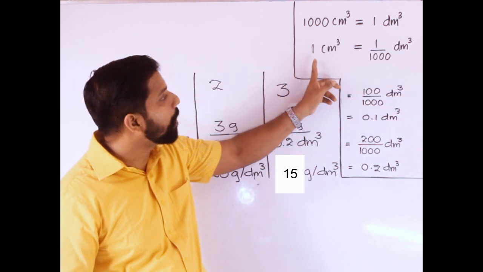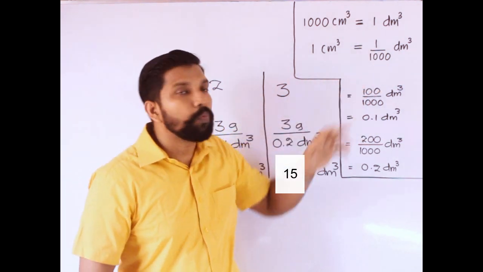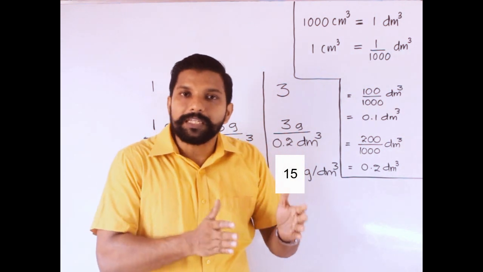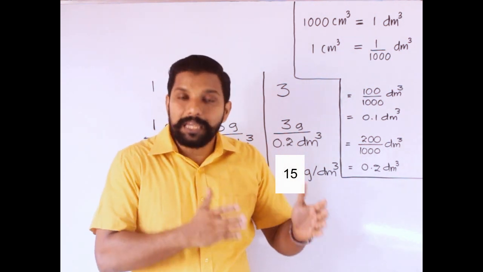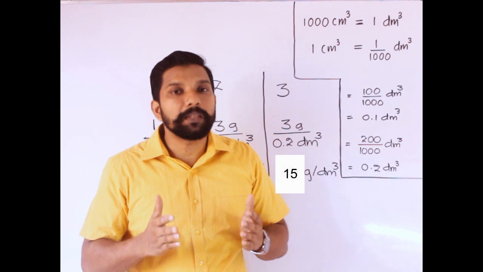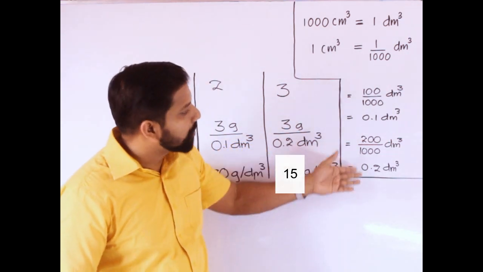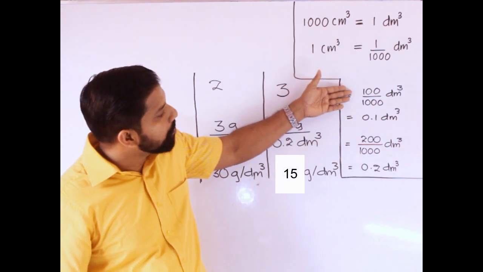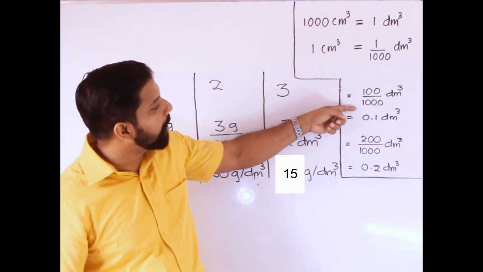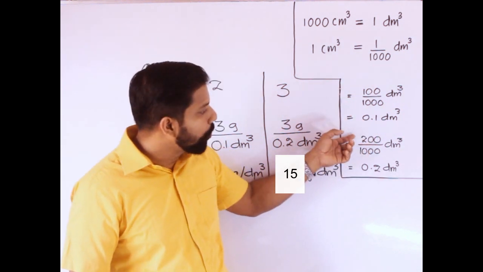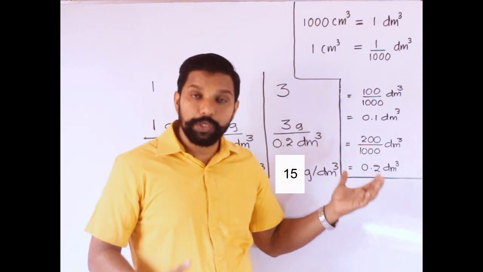As a result, 1 cm³ is equal to 1 over 1000 dm³. Therefore, if you are given cm³, you are going to divide it by 1000 in order to get dm³, like this. You used 100 cm³ previously, so we divided that by 1000 to get 0.1 dm³, and 200 divided by 1000 to get 0.2 dm³.